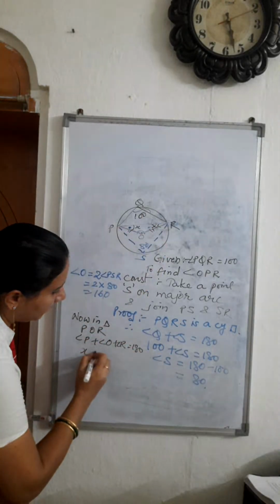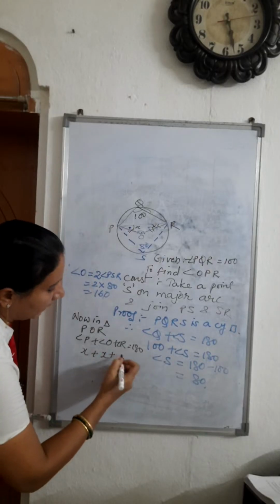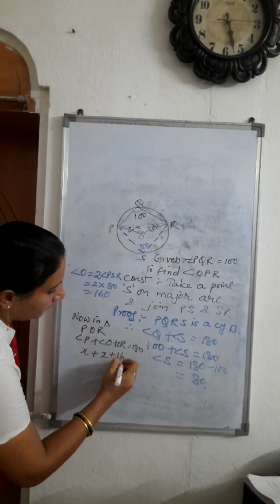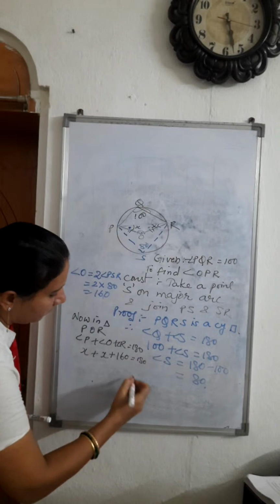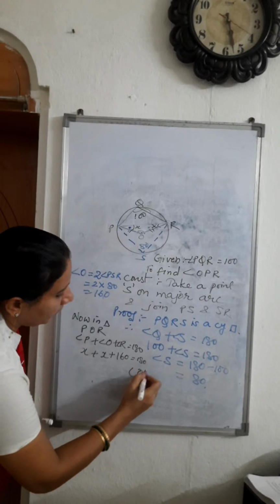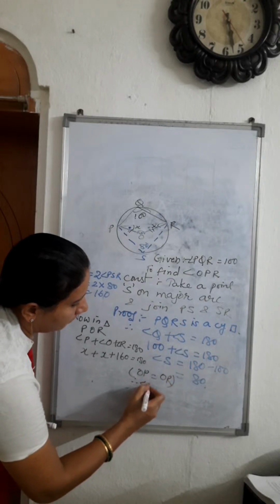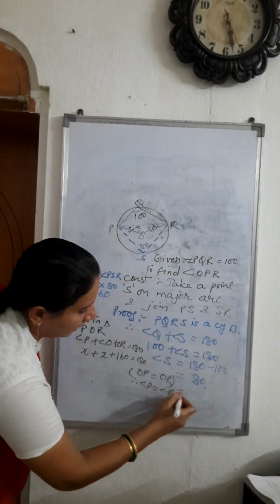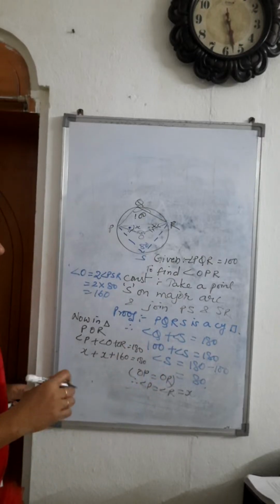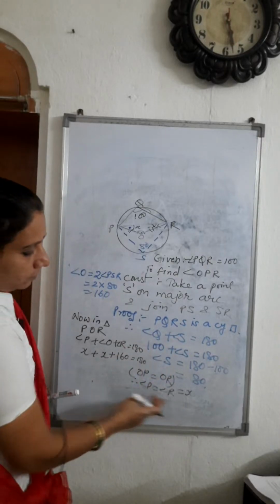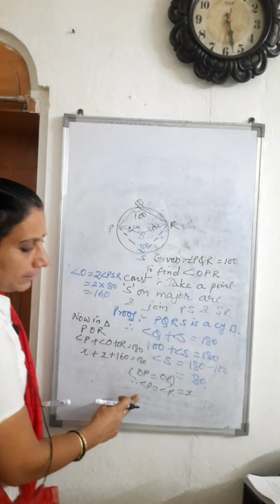Here angle P and angle R is X. Angle O we got 160. So you need to write the reason: OP is equal to OR. Therefore, angle P will be equal to angle R. Let them be equal to X. And you can write the statement also: angles opposite to equal sides are equal.